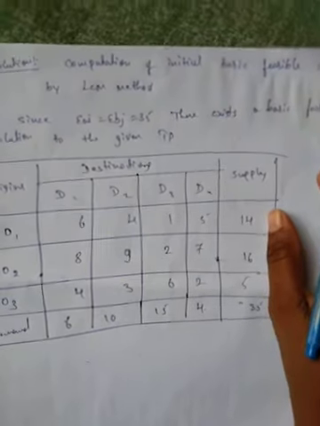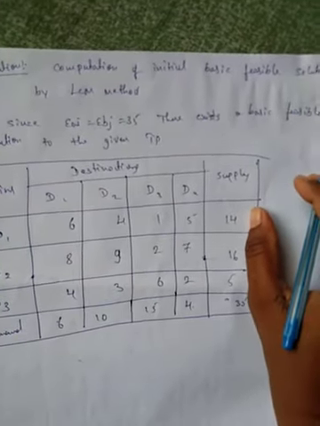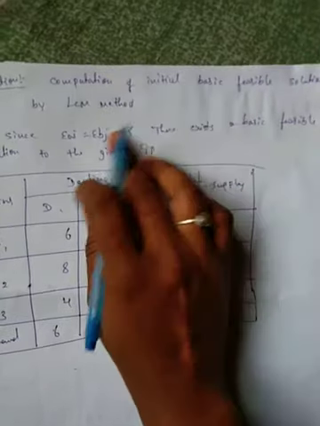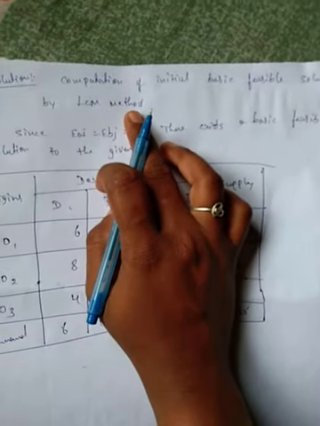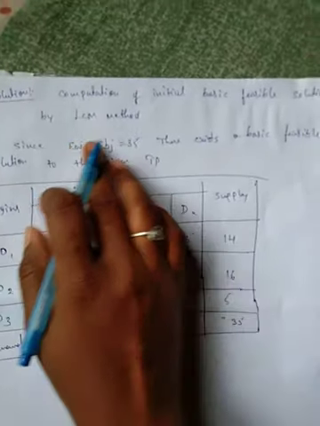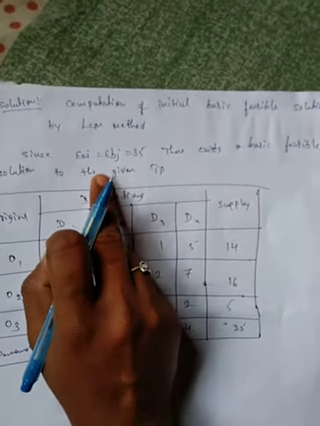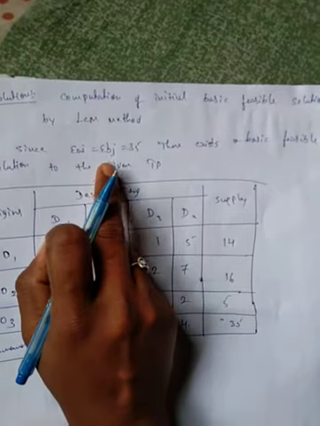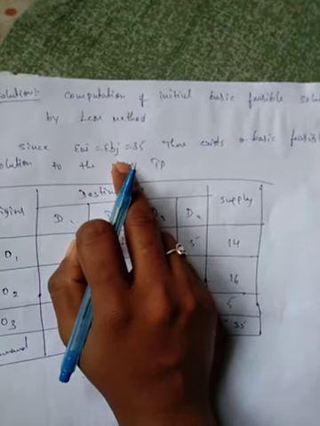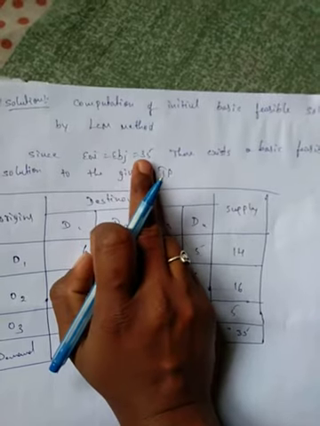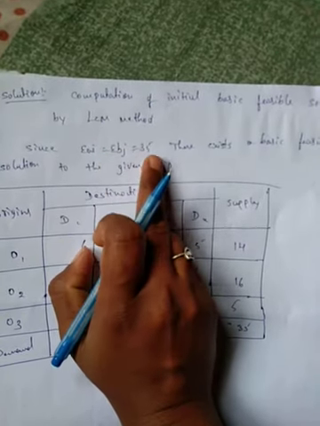Here is the solution to get the initial basic feasible solution under the LCM method. Before solving the problem, first we check whether an initial basic feasible solution exists for the given problem or not. To check this, the sum of ai must be equal to the sum of bj, meaning the supply must be equal to demand.